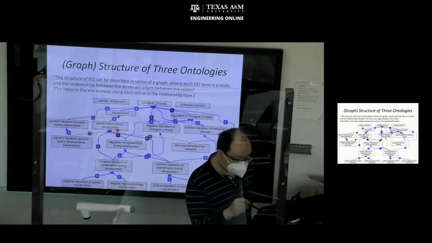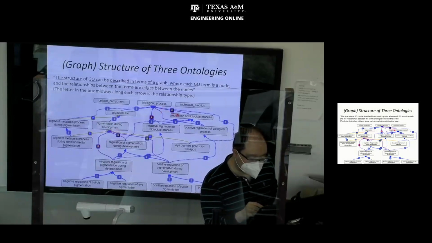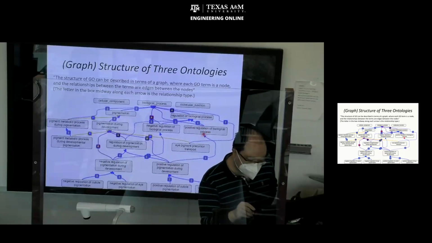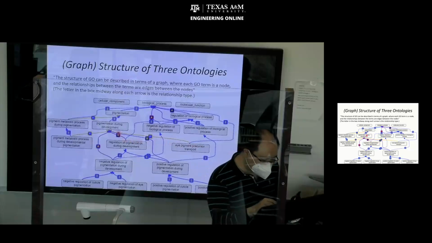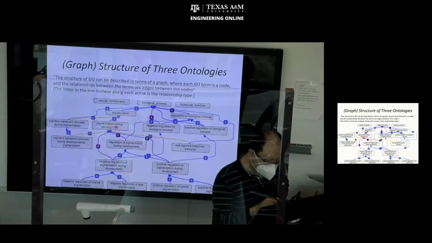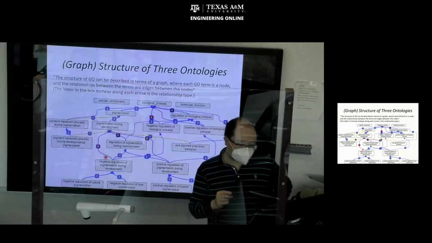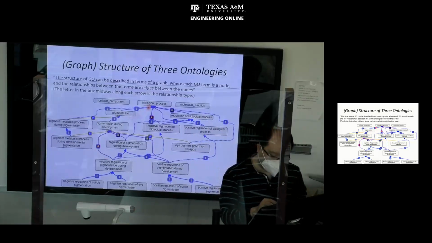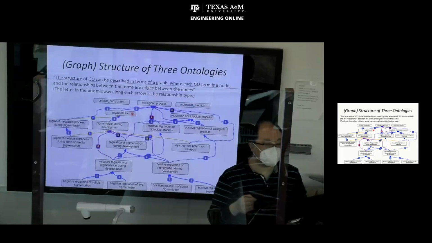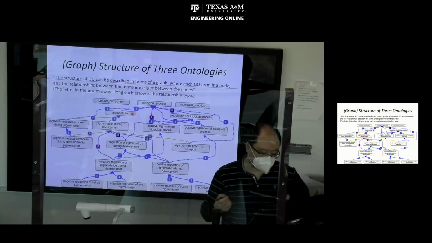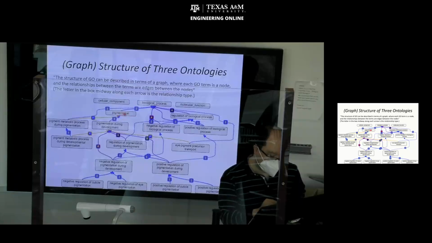For instance, here is regulation of biological process. This is a positive regulation, and in this case, pigmentation, and this is pigmentation during development, and so on. So it's getting more and more specific. But it's not general because it depends on what kind of edges you consider. I mean "is a", so it's like an instance. In this case, pigmentation is a biological process. Pigmentation during development is a pigmentation.